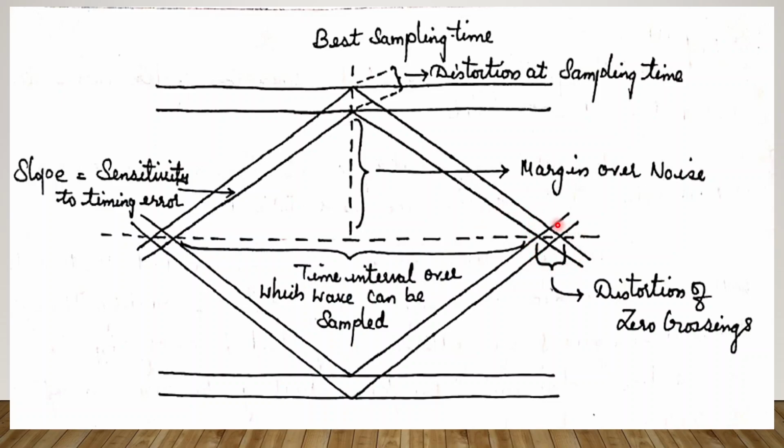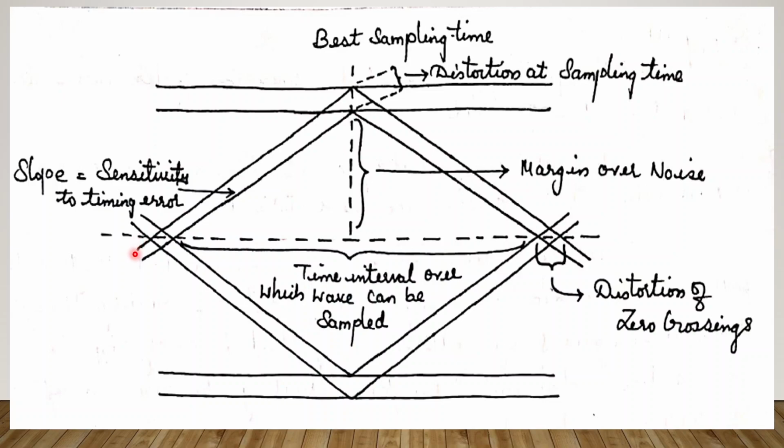Now this distance is called the distortion due to zero crossings. Here is the zero crossing point, and because of this distance there will be some distortion, called the distortion of zero crossings.